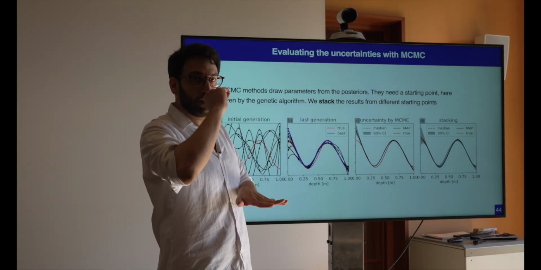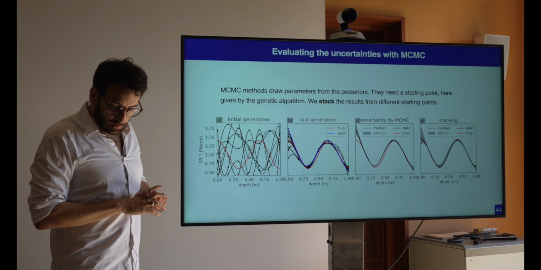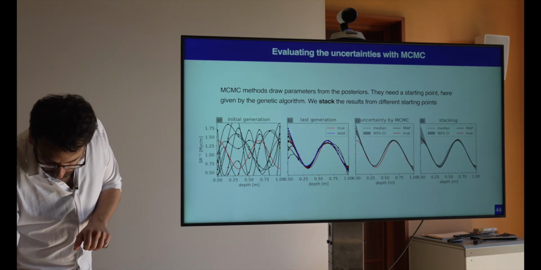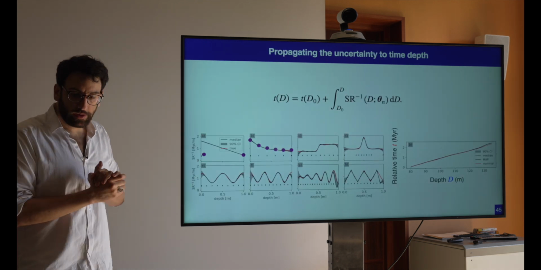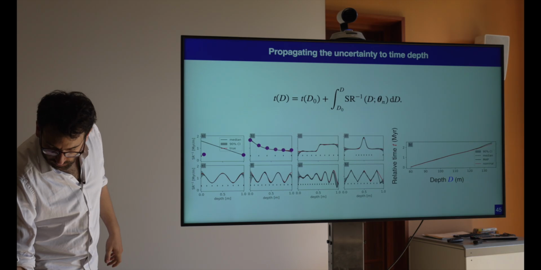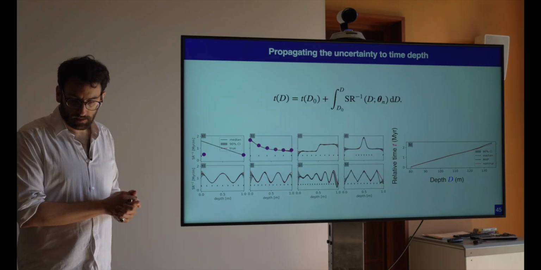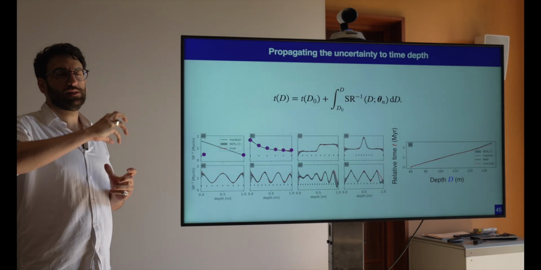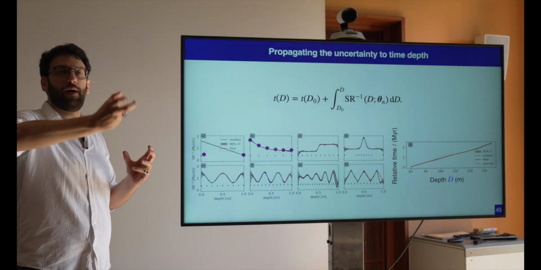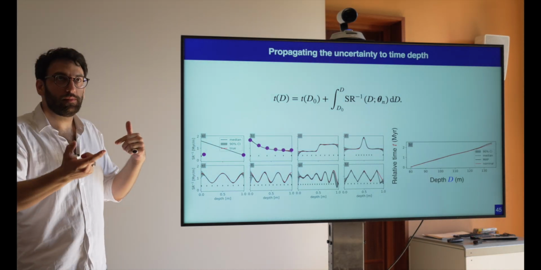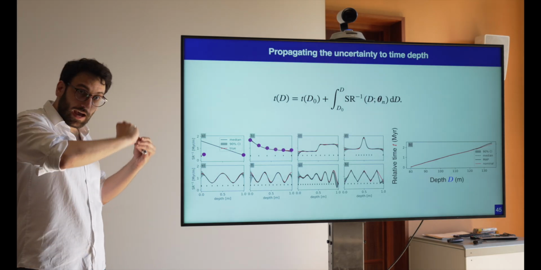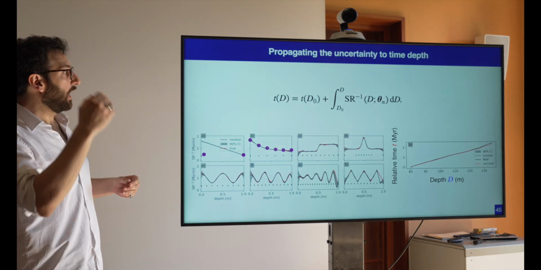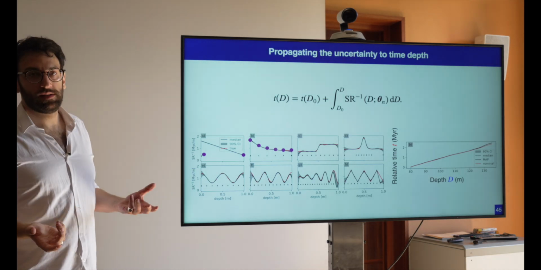Now, quick point. How do you propagate the uncertainties on the parameters of the inverse time depth function to the actual time depth? There's something which is very simple with MCMC.